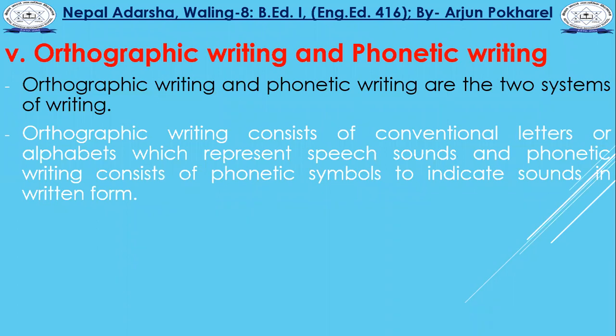That's why phonetic writing and orthographic writing are the two different systems of writing. Orthographic writing uses alphabets, whereas phonetic writing uses phonemes or phonetic symbols, the 44 symbols that we did before in our physical class. These symbols are used in phonetic writing.